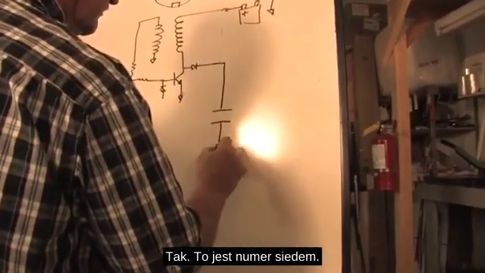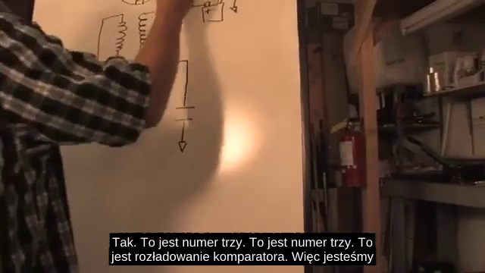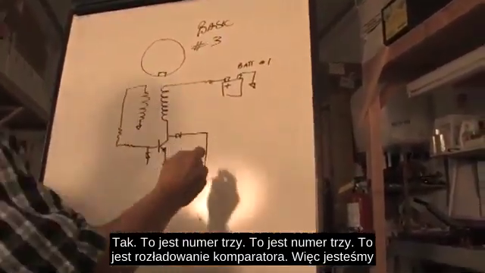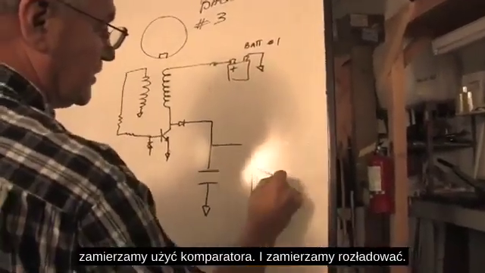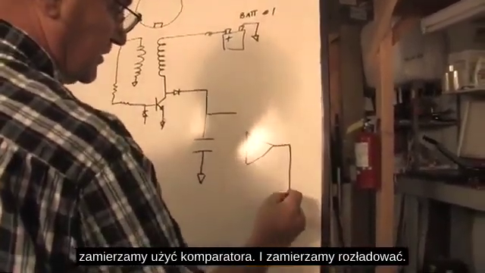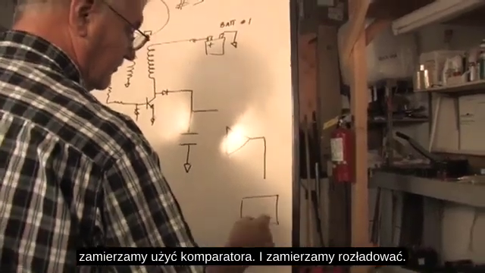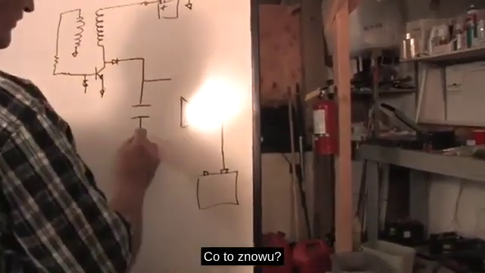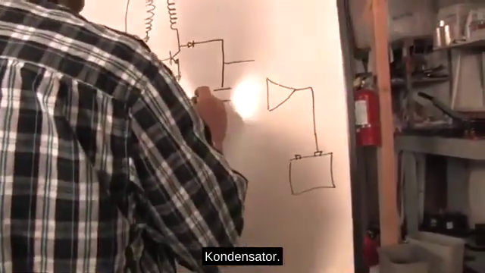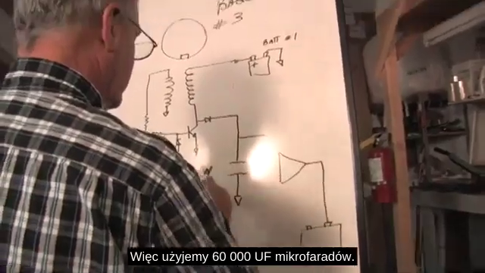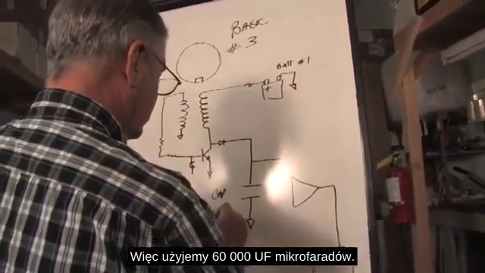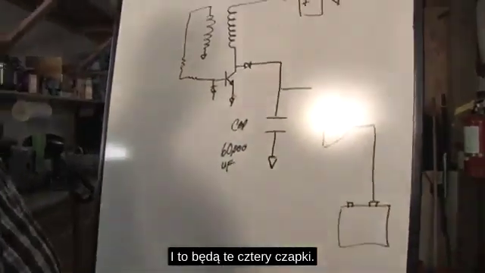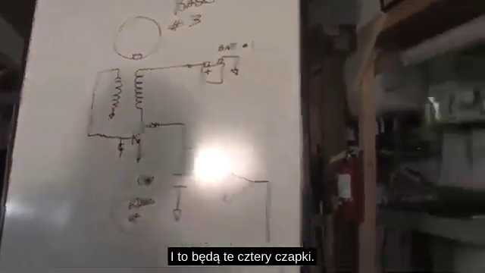This is the next circuit coming up. Yes, this is number 3. This is comparator discharge. So we're going to use the comparator, and we're going to discharge. And what's this again? Capacitor. Okay. So we're going to use 60,000 microfarads, and that's going to be these 4 caps.